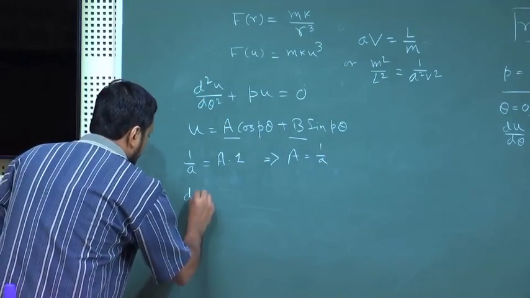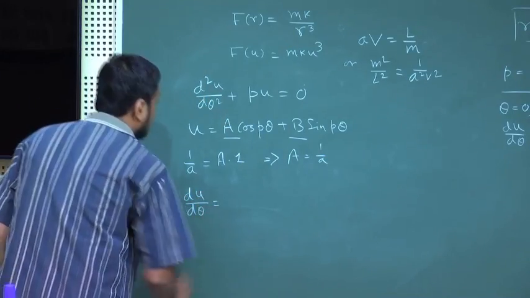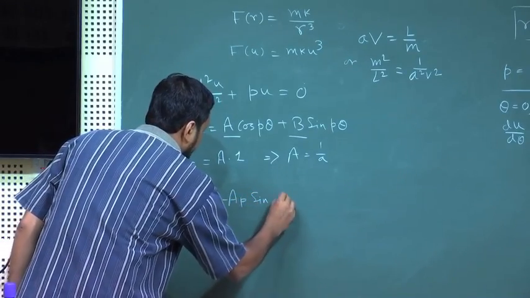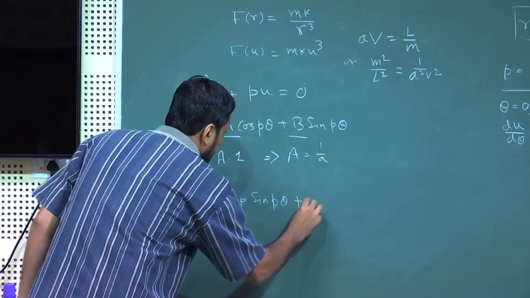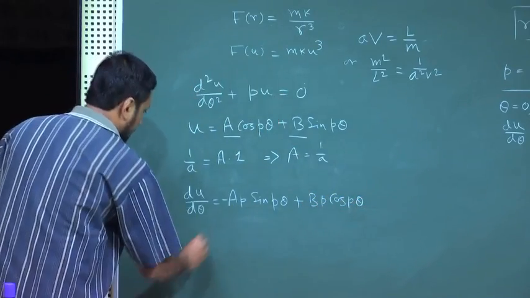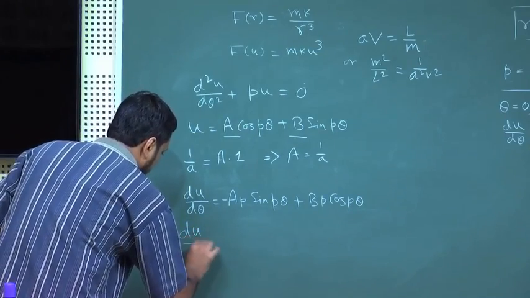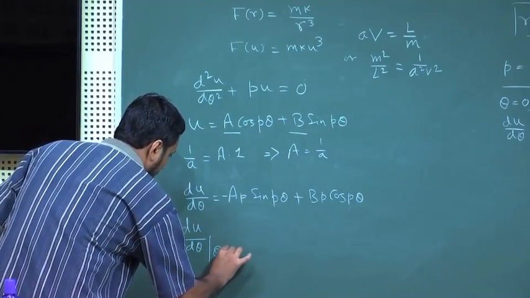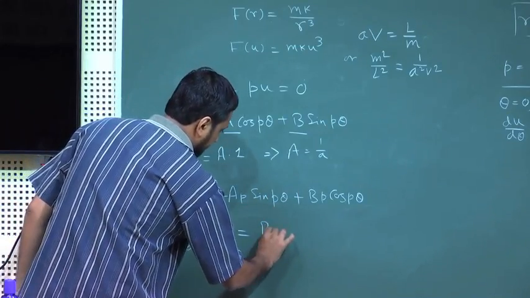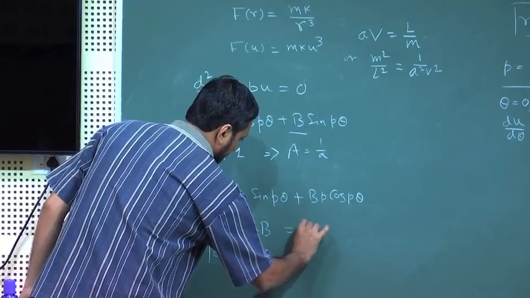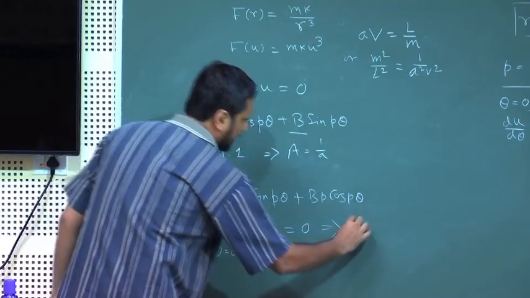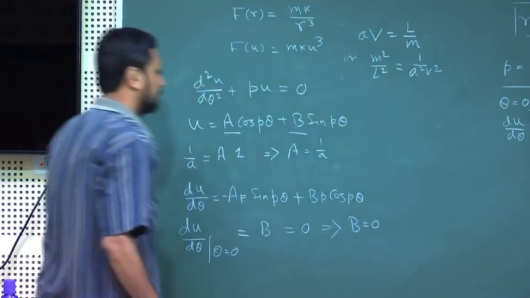Now, if you compute du d theta, which will be a p sin p theta plus b p cos p theta, at theta equal to 0 once again this term will vanish, which will give you b equal to 0. So, first relation gives a equal to 1 over a, second relation gives b equal to 0.